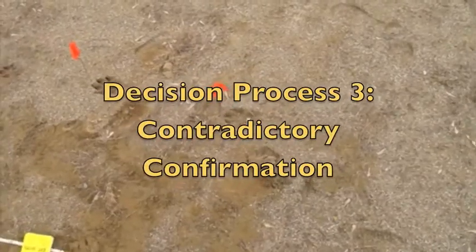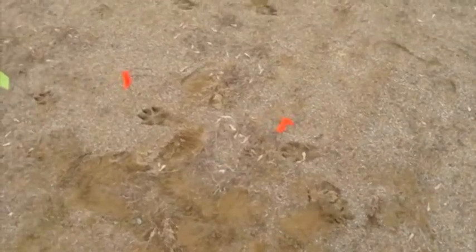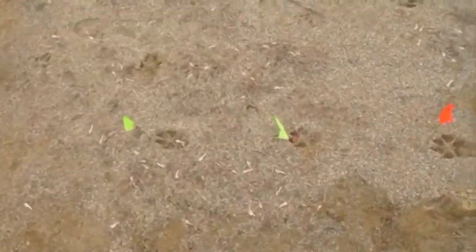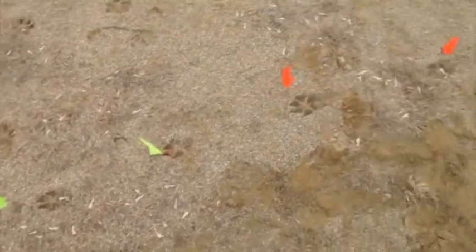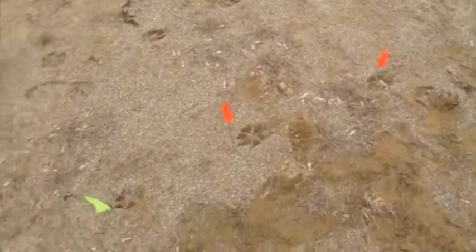So now for some contradictory confirmation. I could say, yeah, but coyotes also gallop, so it could still be that. And that's true, even though I eliminated it earlier because of anatomical details.